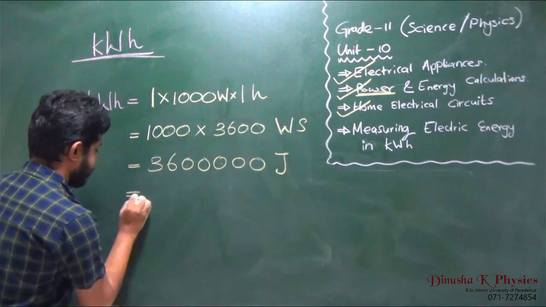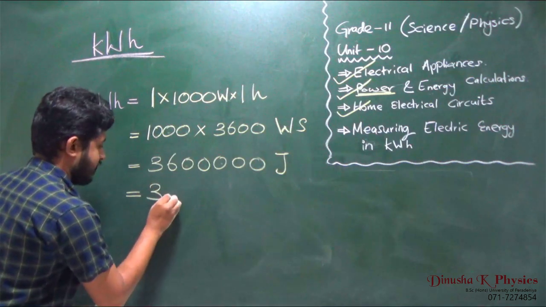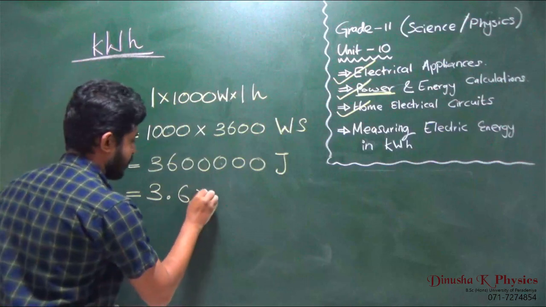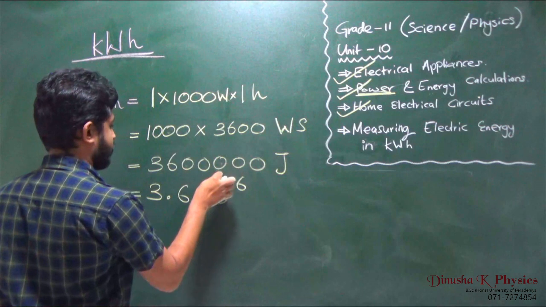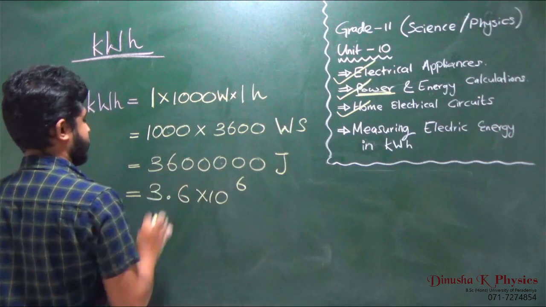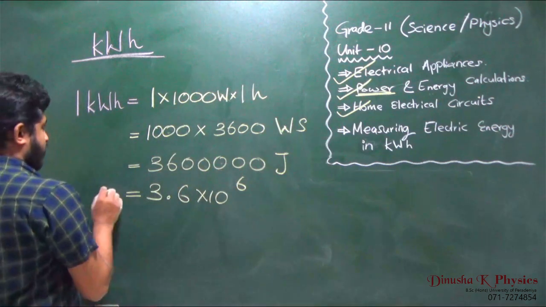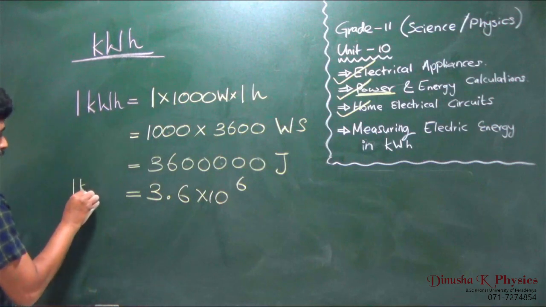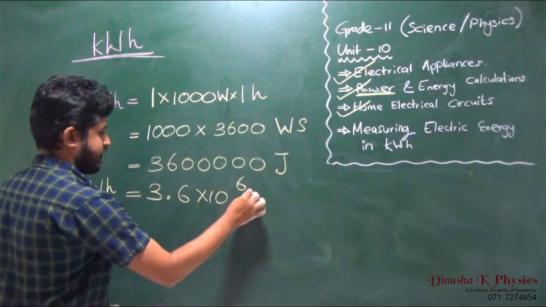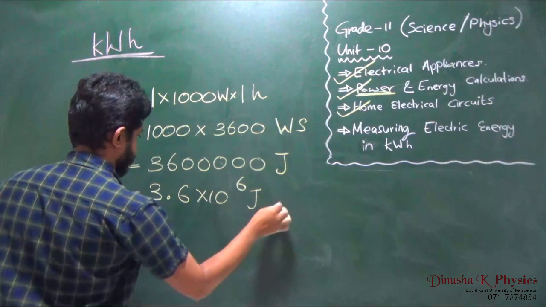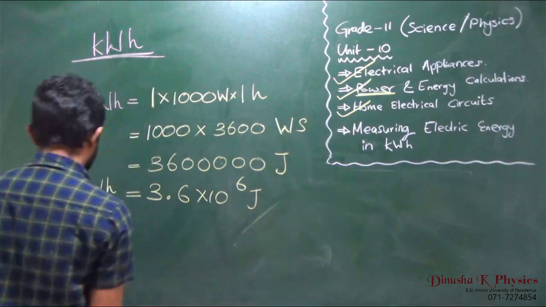In scientific notation, 3.6 into 10 to the power 6. So 1 kilowatt hour is equal to this much of joules. Better remember this one.